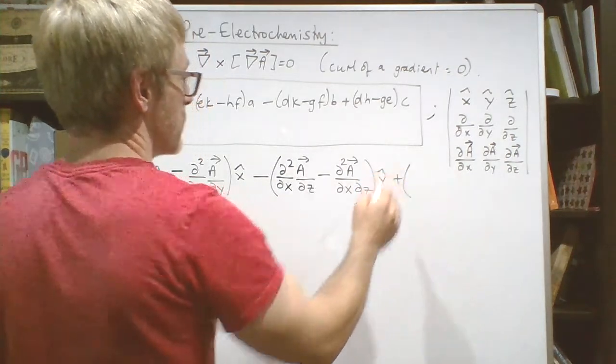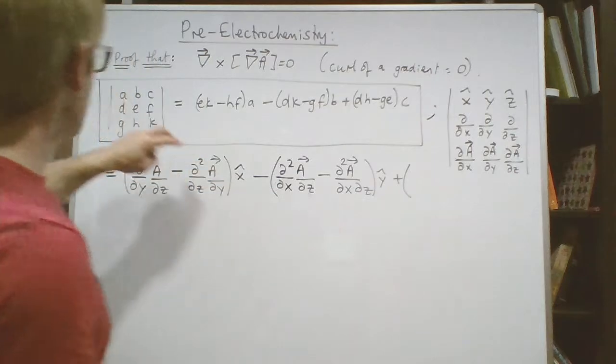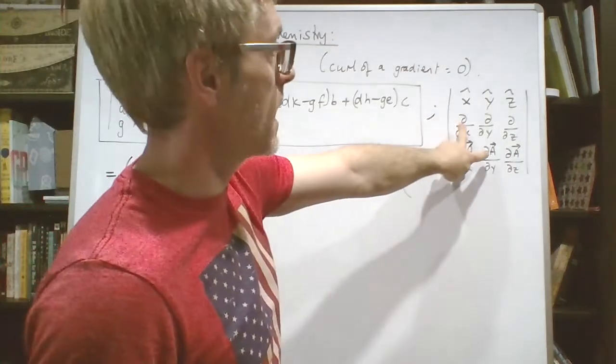and then add finally DH, which is this one, which means it's that one.